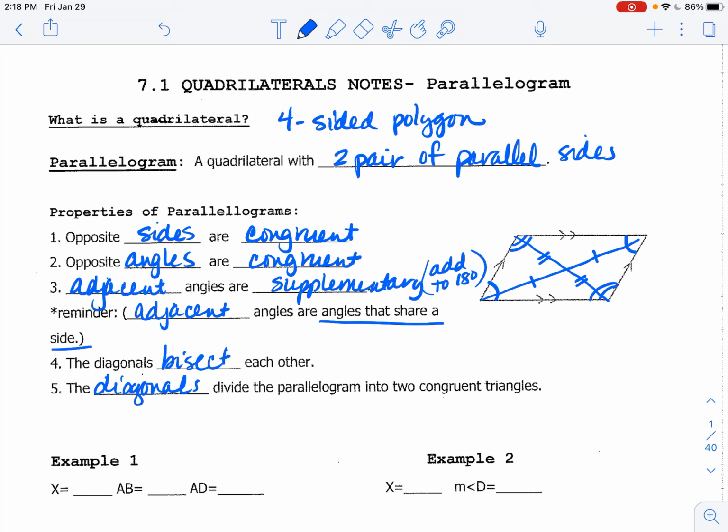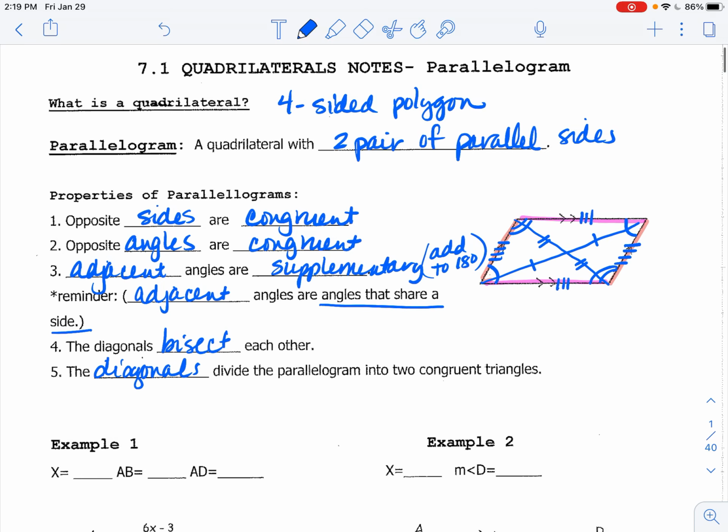Since our opposite sides are also congruent, this side is going to be congruent to this side, and this side will be congruent to this side. So I've marked up quite a bit. This side congruent to this side. This side congruent to this side. I think I'll leave it like that.